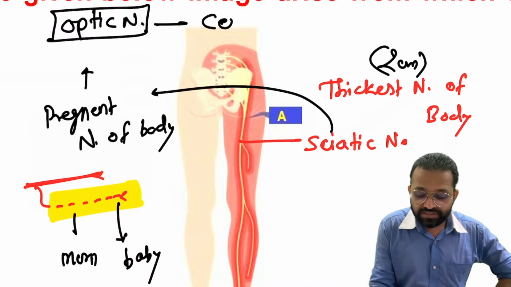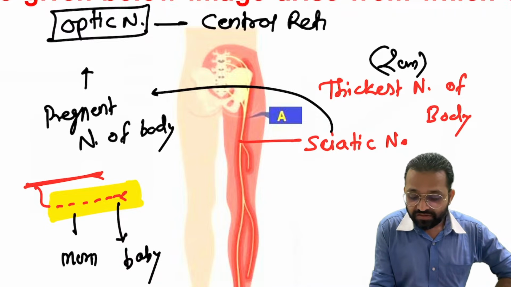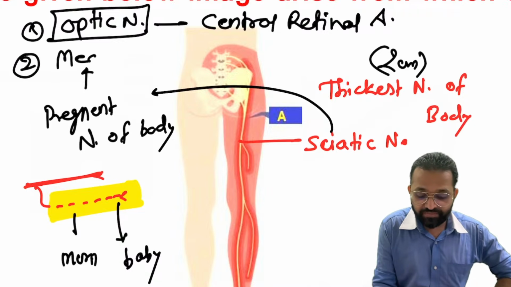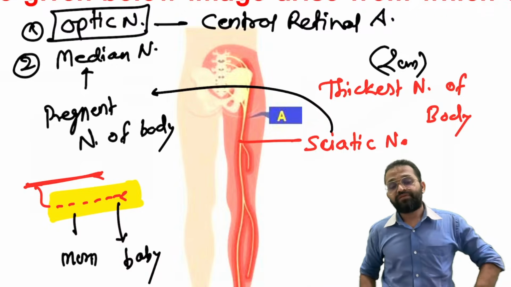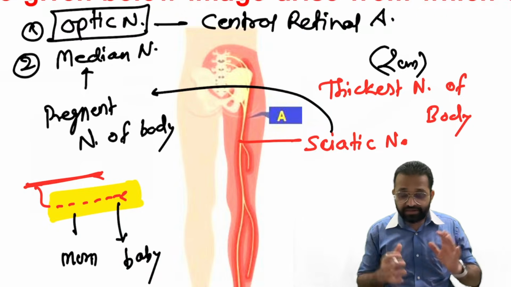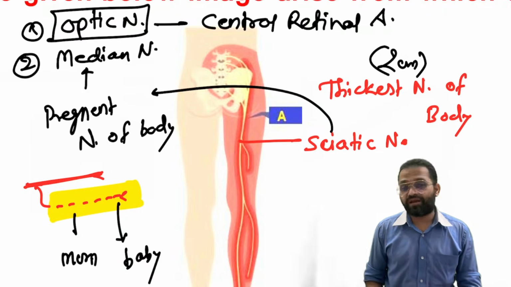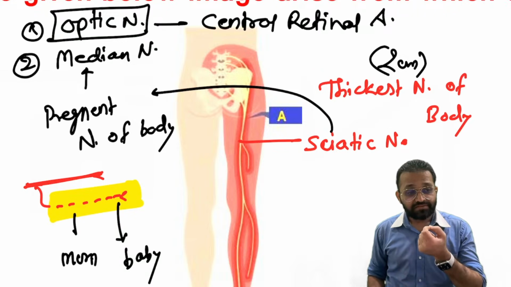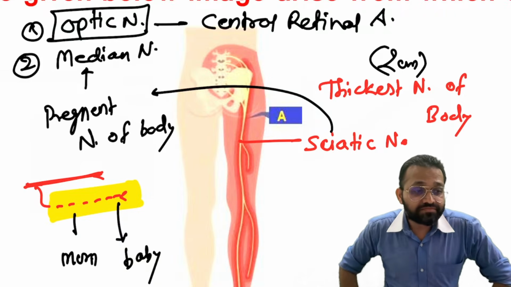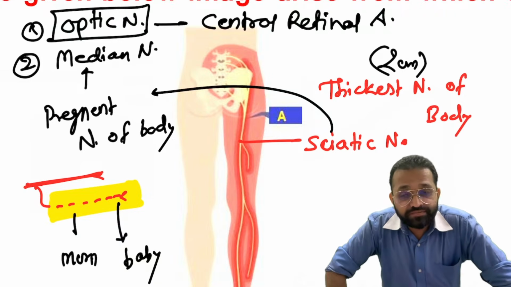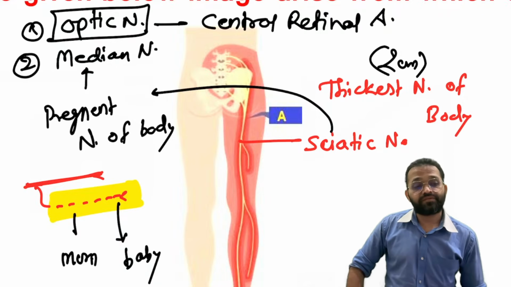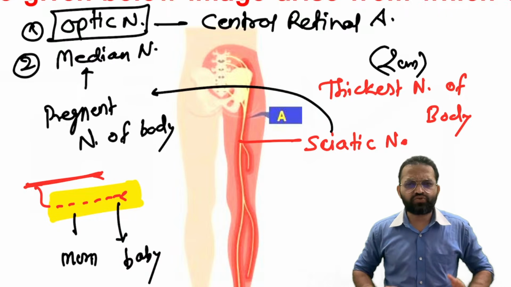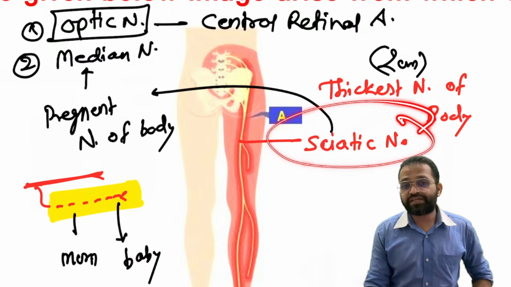Within the optic nerve, the central retinal artery is running, and another is our median nerve. Within the median nerve, there is also one artery, the arteria nervi mediana. Within the sciatic nerve, there is an artery, yes, you are right, very good, Ram Swarup, that is the arteria nervi sciatici. Okay, no need to go into that detail, but the sciatic nerve is important.